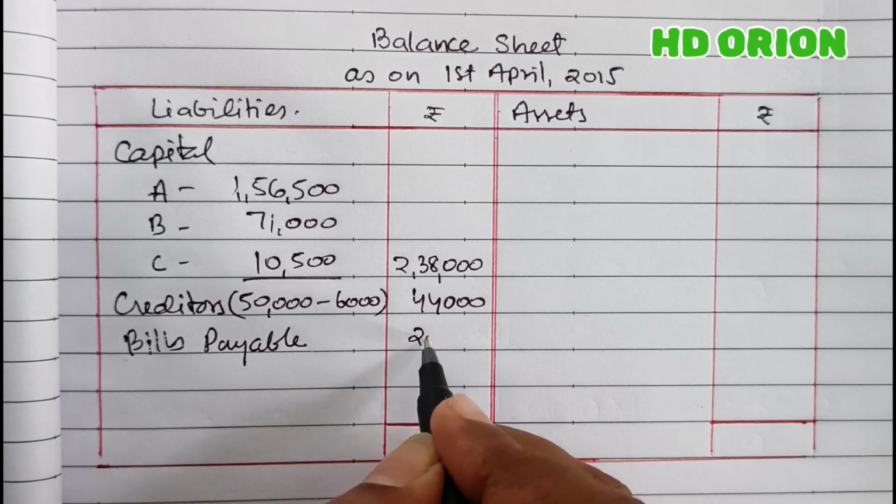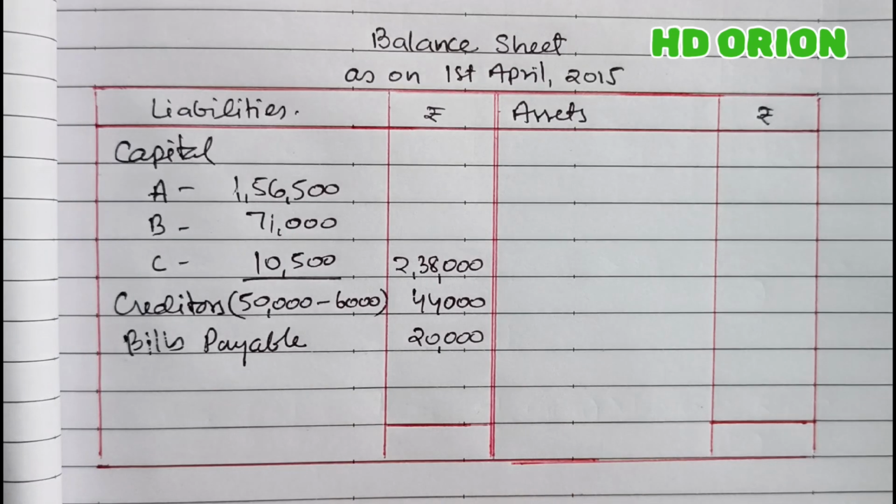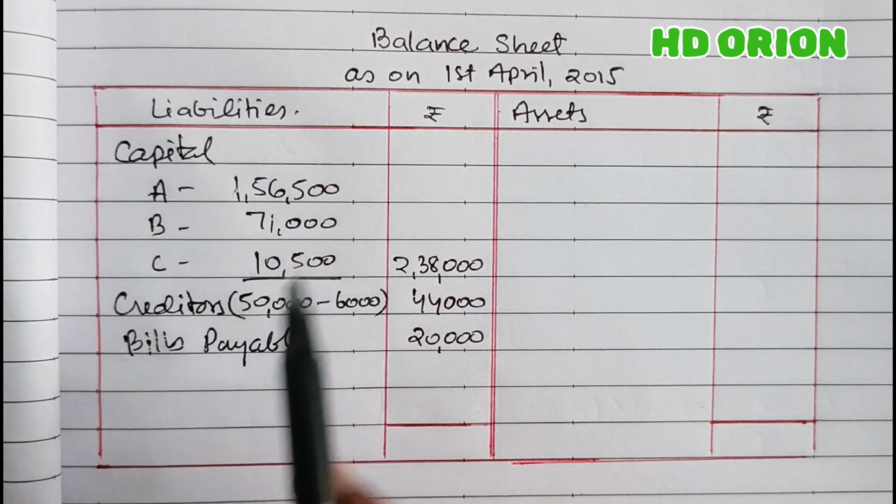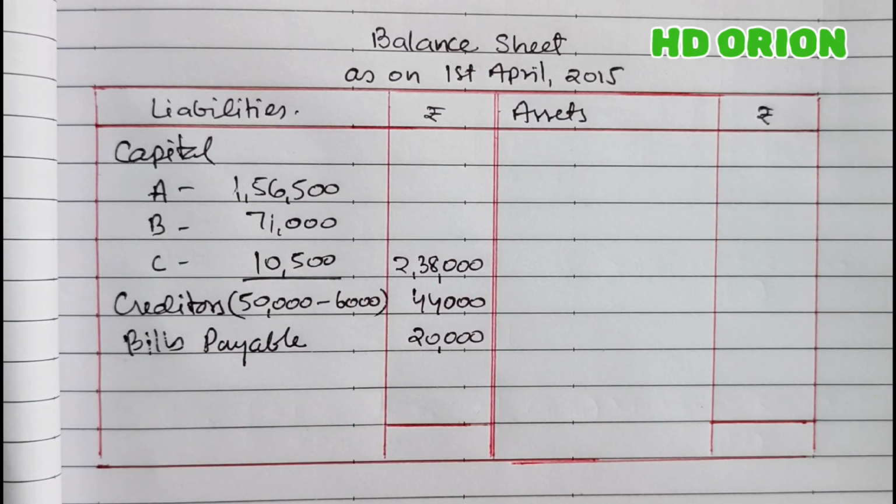No change in the value of bills payable, means neither has decreased nor has increased, and as a result the same amount will be here. Now general reserve we have already distributed to the partners, and it is now merged in capital account, so only the name has changed. It is conversion of one liability into another.